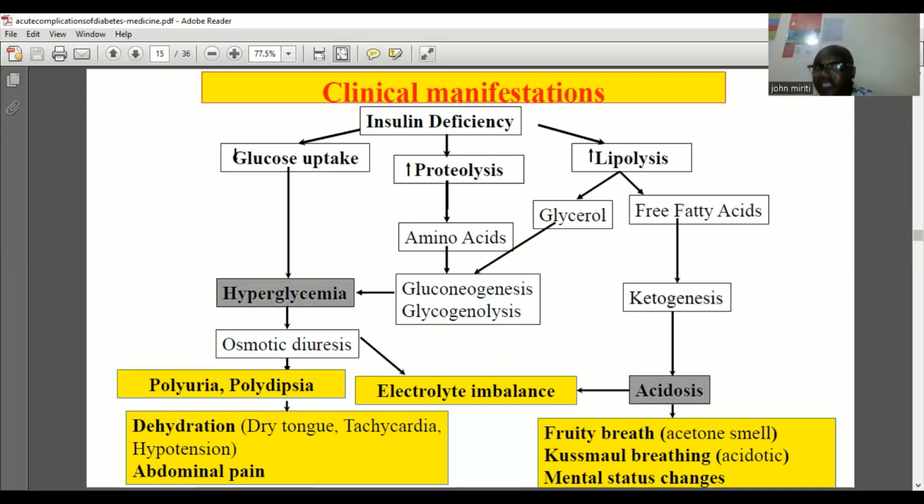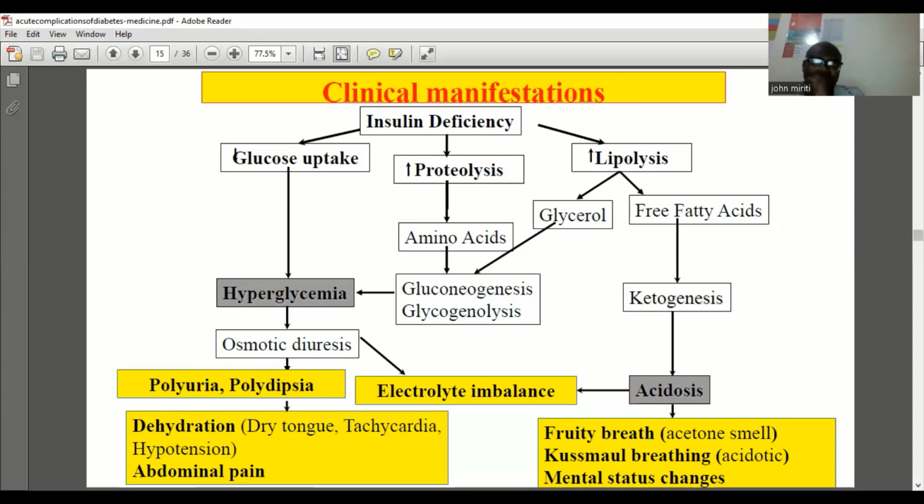If there is proteolysis, there will be production of amino acids, because the basic molecule of proteins is amino acids. The amino acids will be converted into glucose by gluconeogenesis. This again leads to increased hyperglycemia in the body, resulting in polyuria, polydipsia, electrolyte imbalance, and all those features.